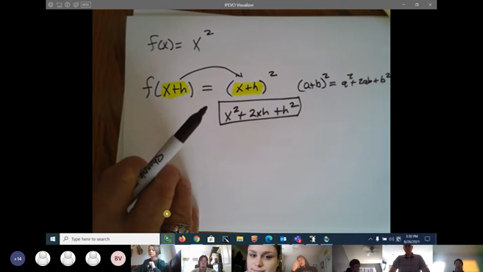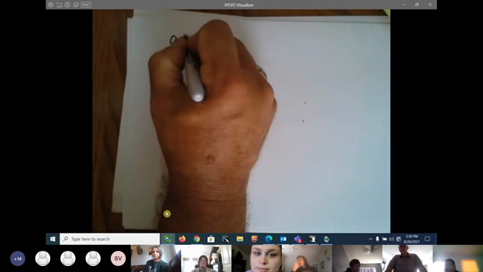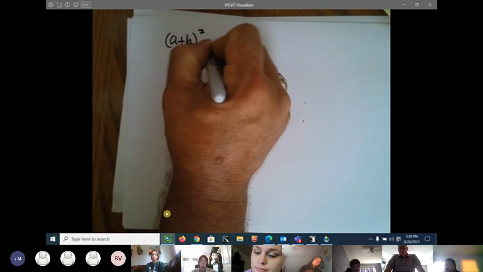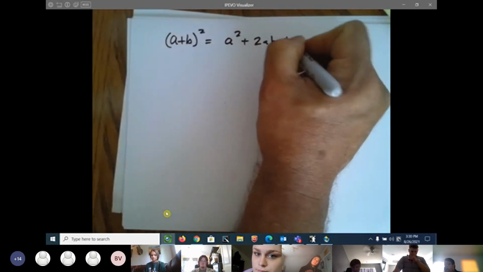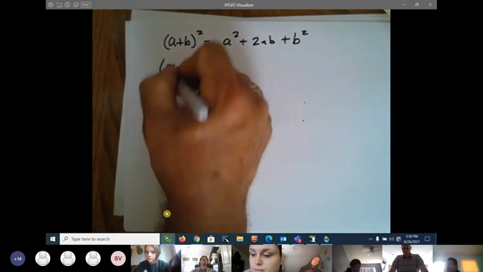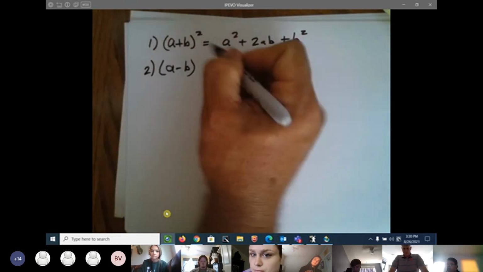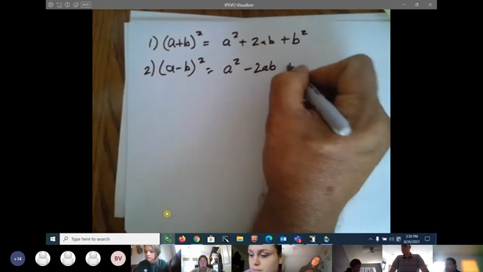What shortcuts are you talking about? A plus B, quantity squared, is equal to a squared plus 2ab plus b squared. A minus b, quantity squared, is equal to a squared minus 2ab plus b squared.